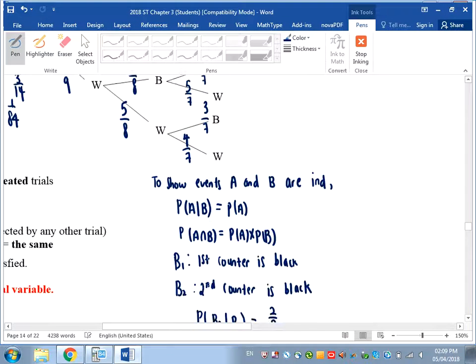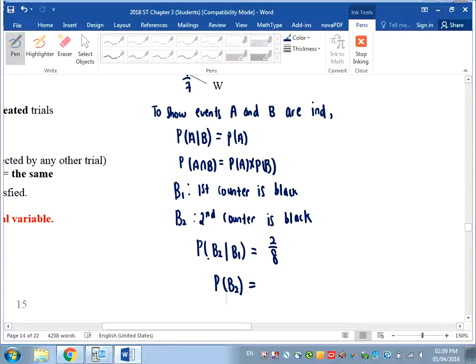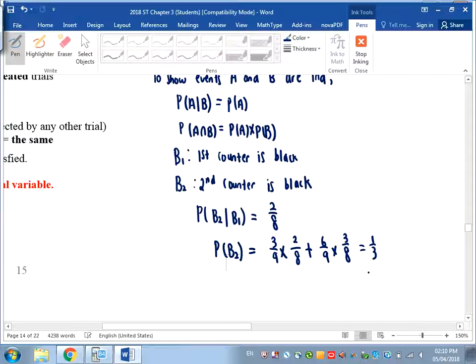I'll add up these 2 branches, and I find that it will give me a value of 1/3. So therefore I can make a conclusion. Probability of B2 given B1 is not equals to probability of B2. Therefore, I can conclude that B1 and B2 are not independent.